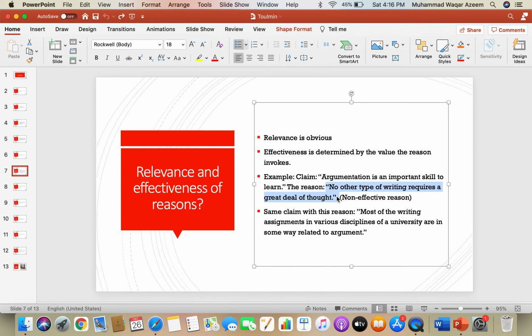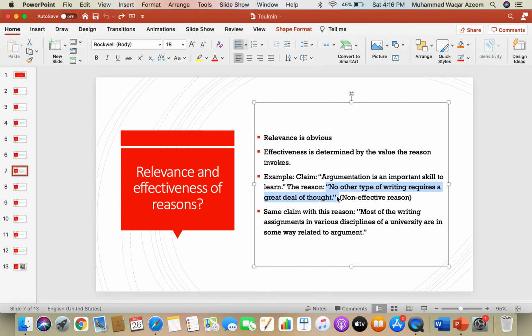That is no reason for argumentation to be an important skill, that it requires a lot of thought. So probably if it requires a lot of thought, then argumentation probably is a useless skill to learn, because it only requires thought and thought and thought, nothing else. So this reason is not pointing out the real benefit of argumentation as a skill.